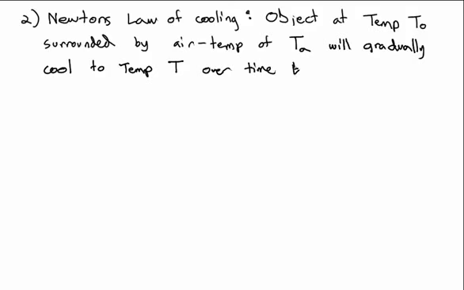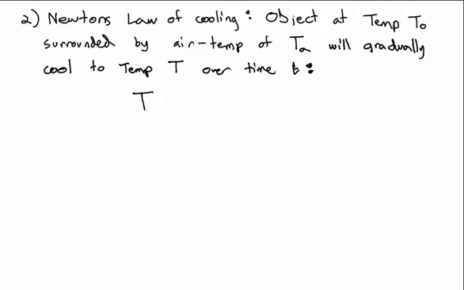We're just going to try and confuse you with all these t's. Capital T sub 0 is your starting temperature. T sub A, that's the air temperature. Regular T, that's the temperature it ends up at. Lowercase t, that's the time.